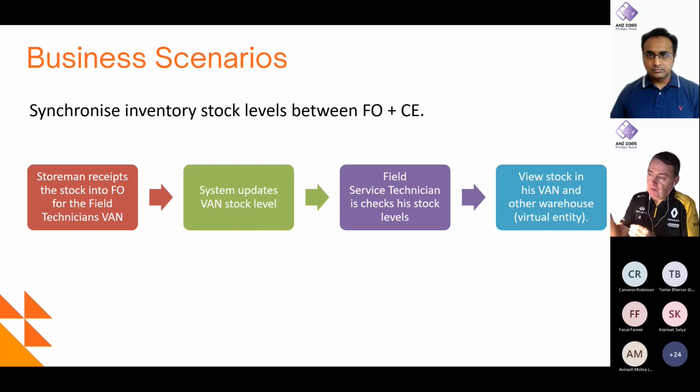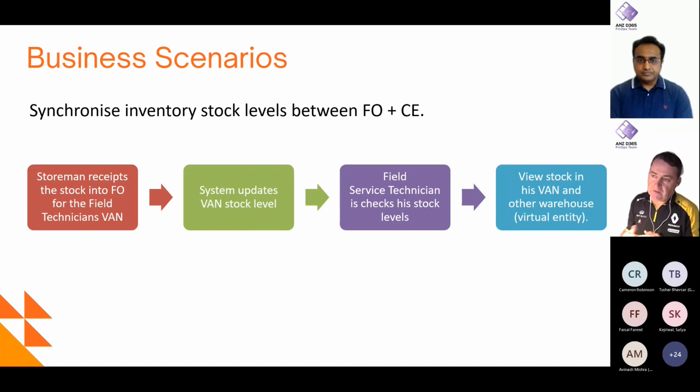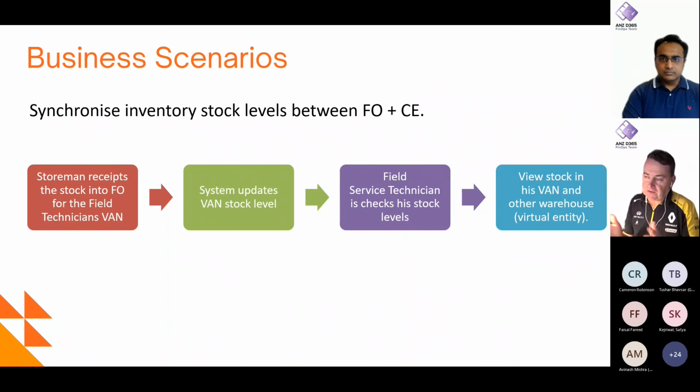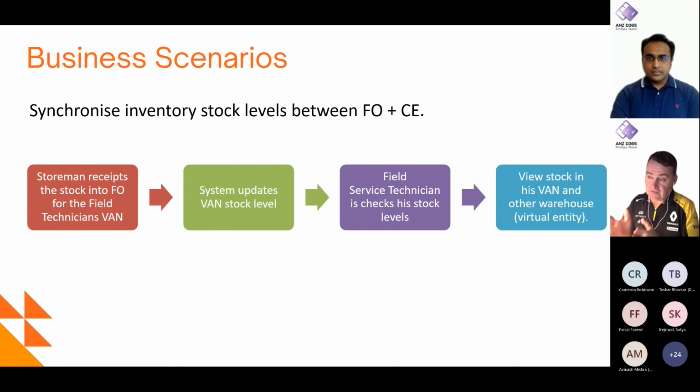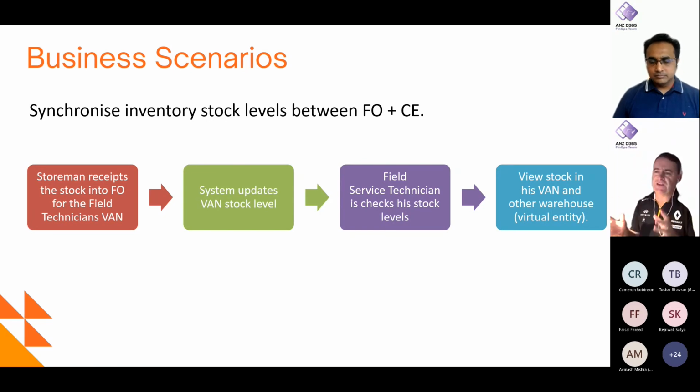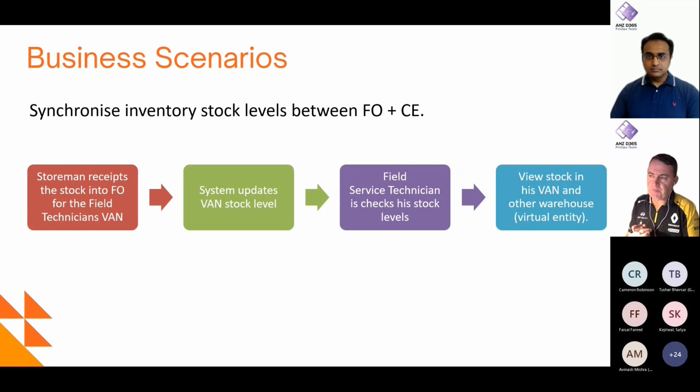And so in this case, you would maybe be using virtual entities to get a broader understanding of where the stock is other than just in my van, maybe in nearby storage locations that I can then drive to and arrange to get the stock from. So there are a bunch of scenarios where business events would become really effective.